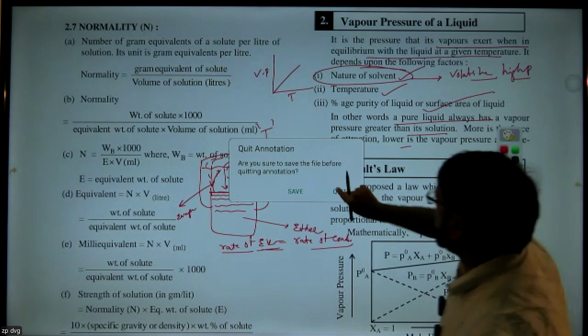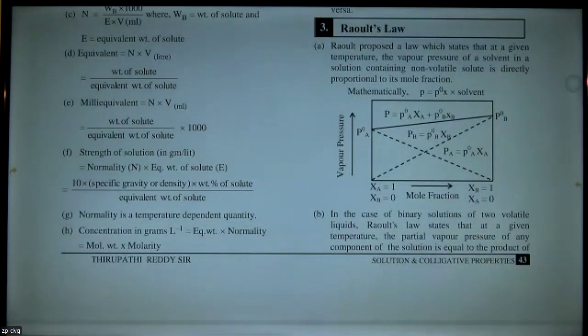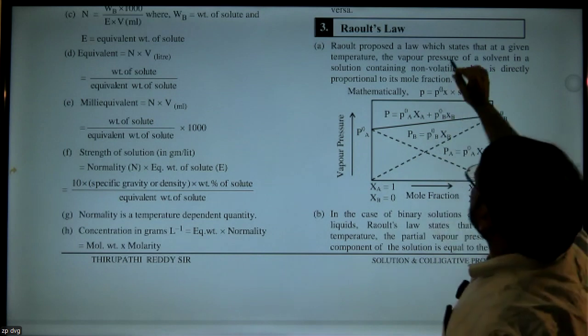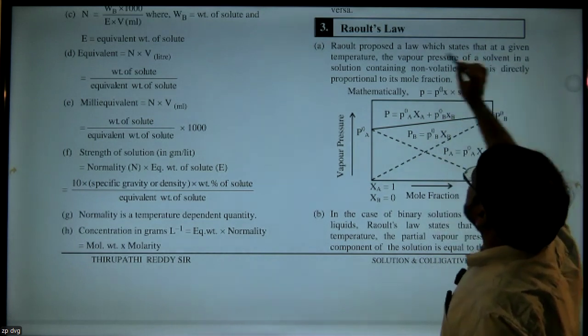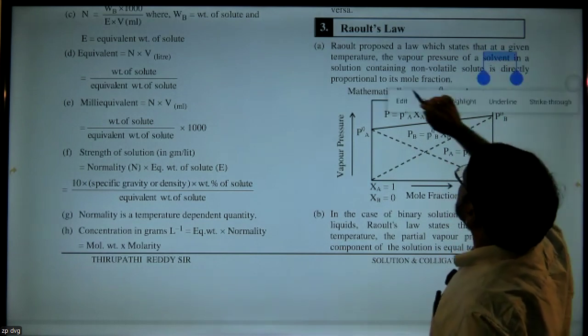The next one, let us see Raoult's law. What is Raoult's law? What is it explaining? Let us see. According to Raoult's law, at a given temperature, the vapor pressure of a solvent in a solution.